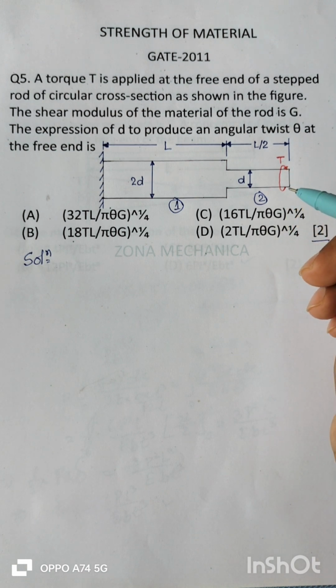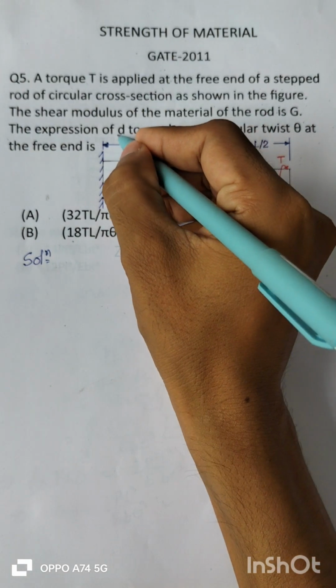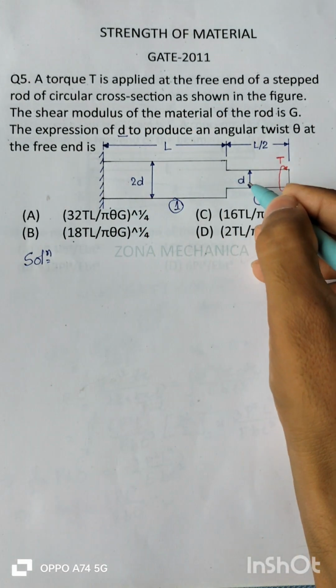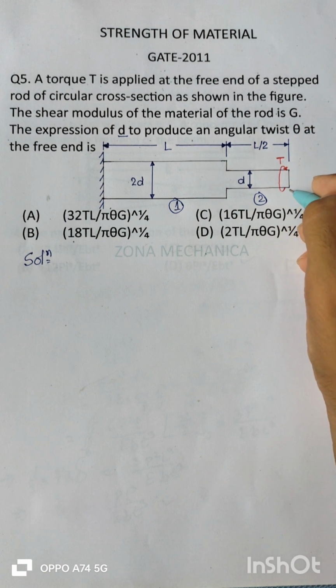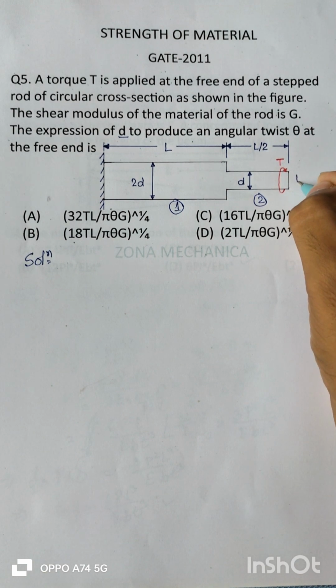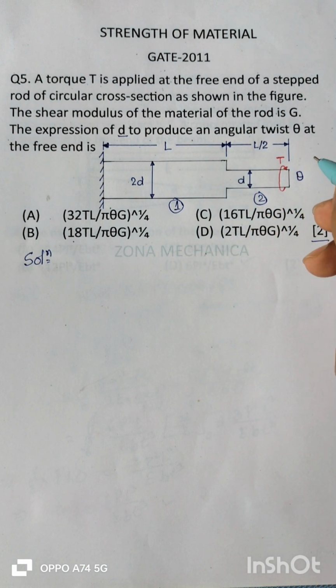Now the question is, what will be the expression for D, this D, to produce an angular twist theta at the free end? Keep in mind, this theta is the overall twist.